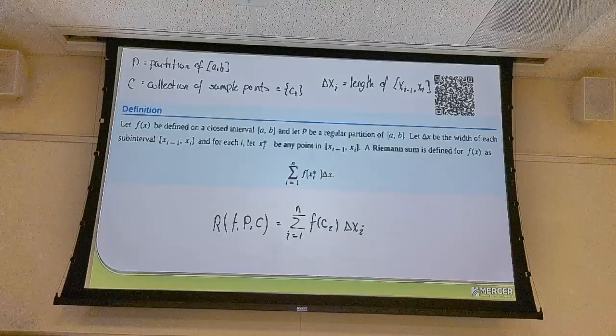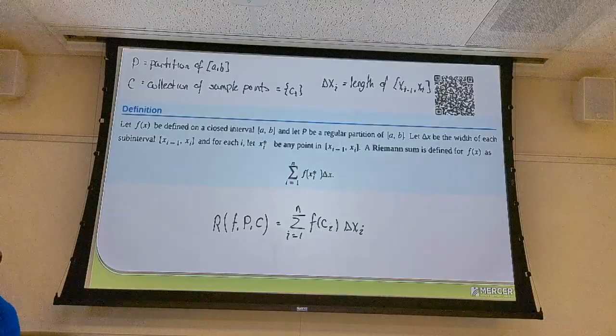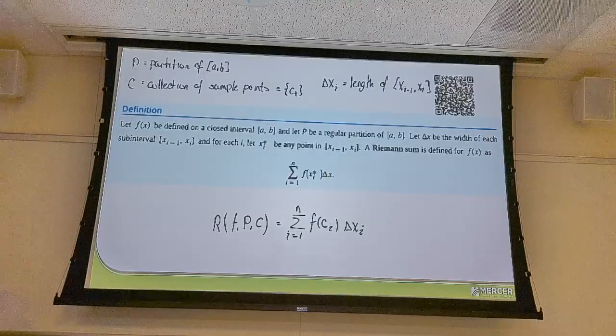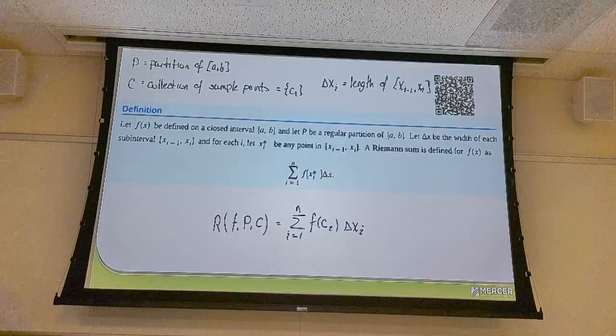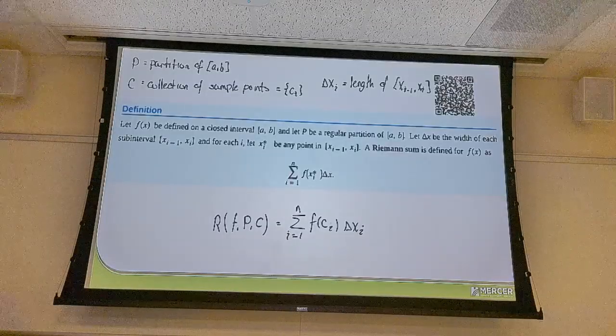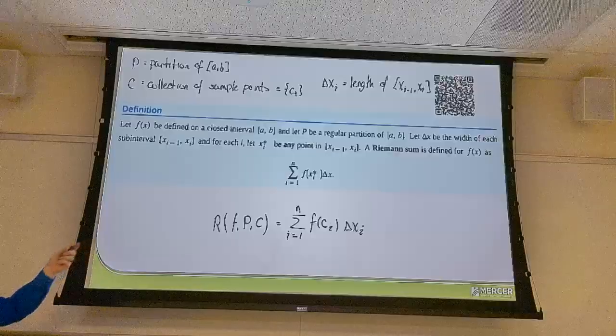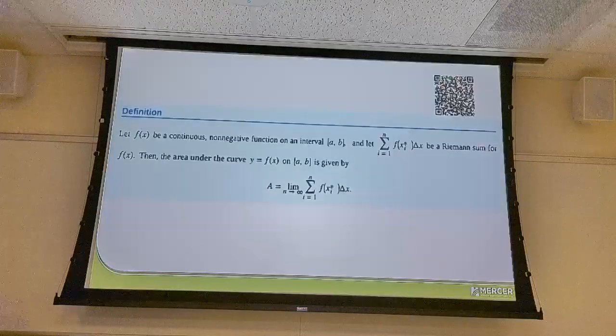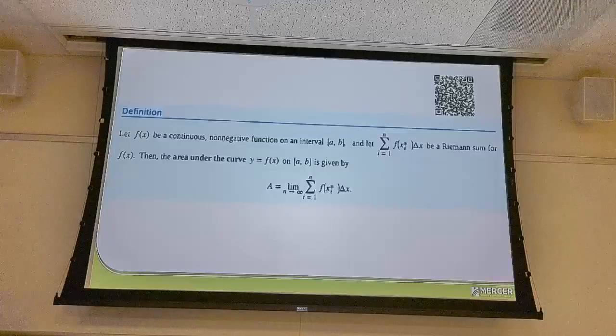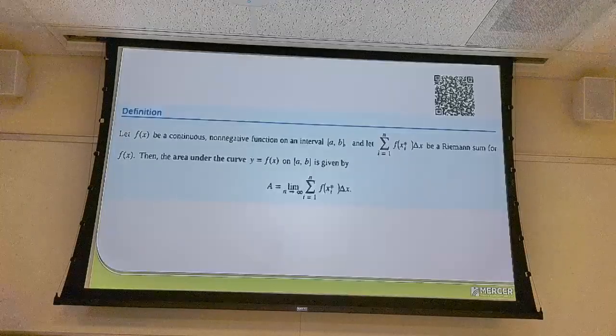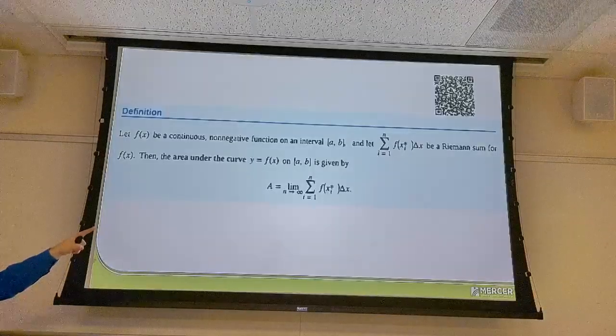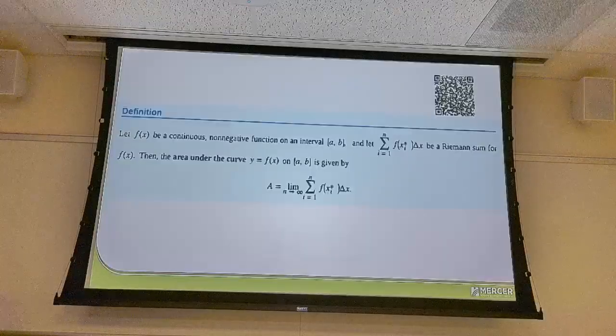If you just let that go out to infinity, then wouldn't those infinite rectangles perfectly fill in the area? So the area is the limit of the Riemann sum. That is the notation if your partition is regular.